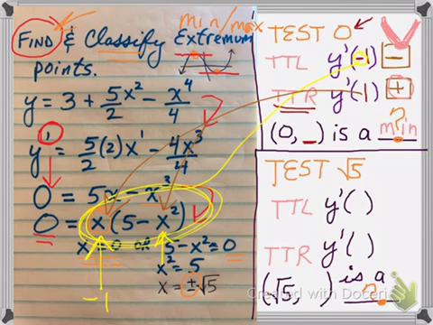Now I'm going to test square root of 5. Square root of 5 as a decimal is about 2.3. So a number to the left of 2.3 is 2. The next whole number bigger than 2.3 would be 3. I'm going to do the same thing. I'm going to put +2 into the place of x here.